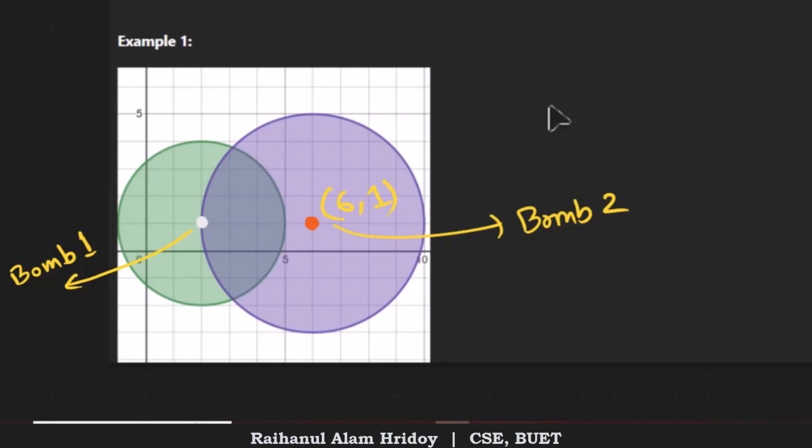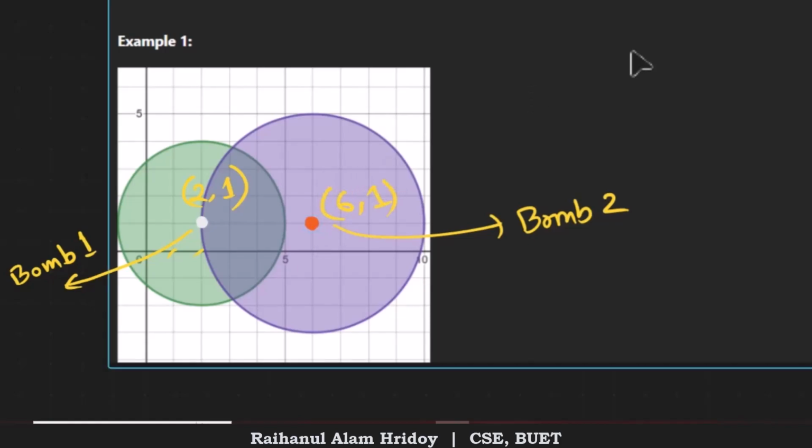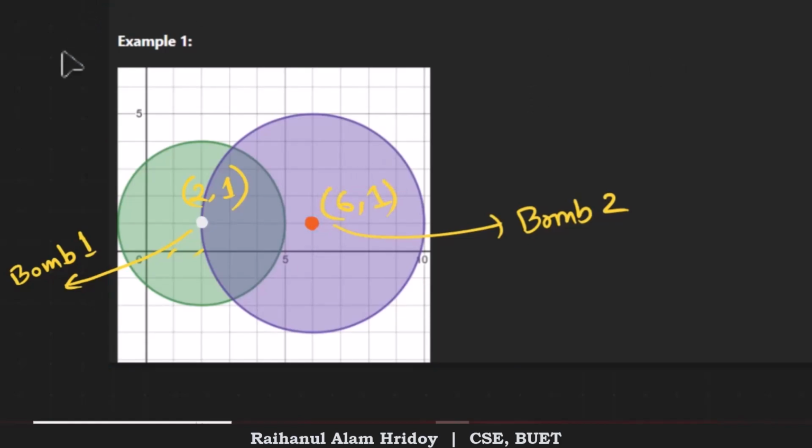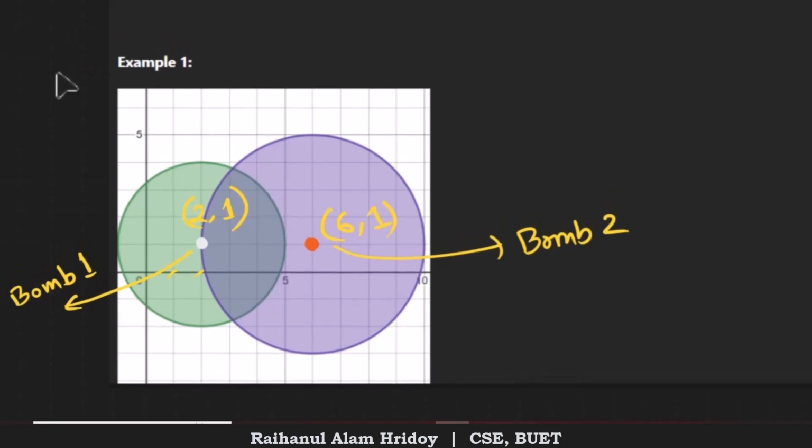Also for bomb 1, the x coordinate is 2 and the y coordinate is 1. Now, each bomb is a circular bomb with a position, and the bomb has a radius within which its shock waves can travel.